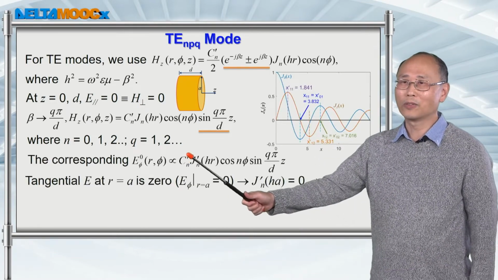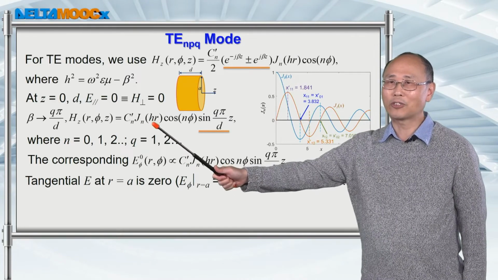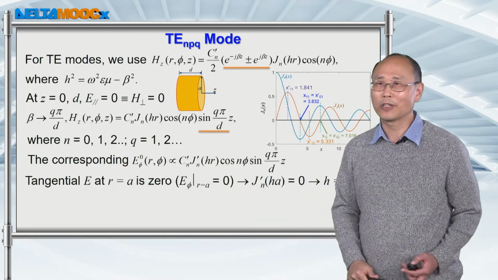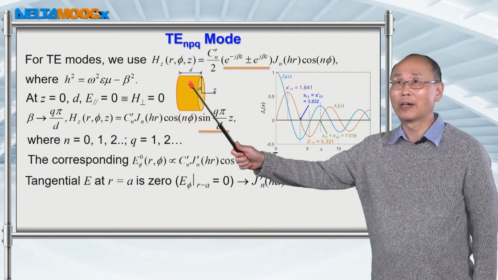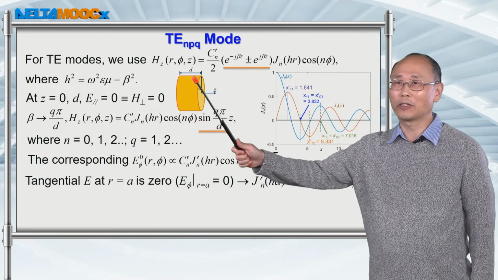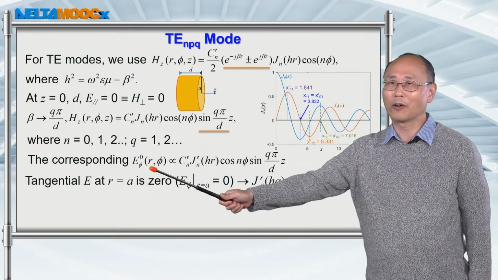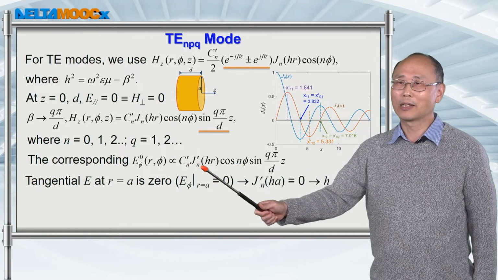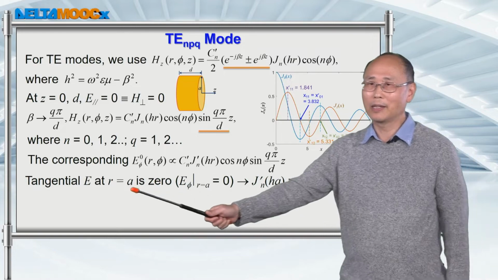So now we want to find out the value h from additional boundary conditions. Another boundary condition is that the tangential component of the electric field at r equal to a is equal to 0. So you can calculate the phi component of the electric field from this z component of the magnetic field to have this expression, and set this r equal to a.